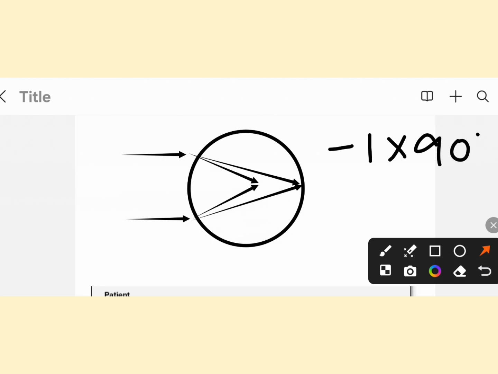To make this light ray go back to the retina and focus again, you need -1 cylinder at 90 degree. After placing this power, the light rays will go to the retina and focus properly. So this is what it actually means. This is the cylindrical number.